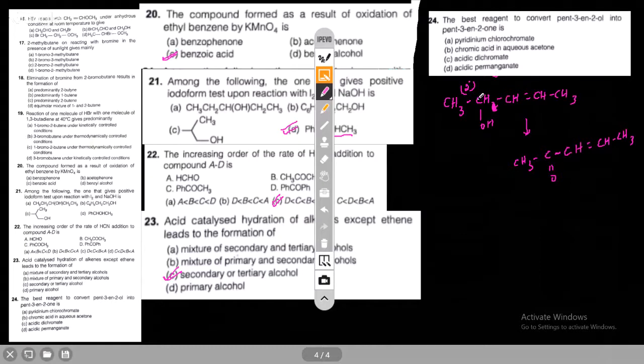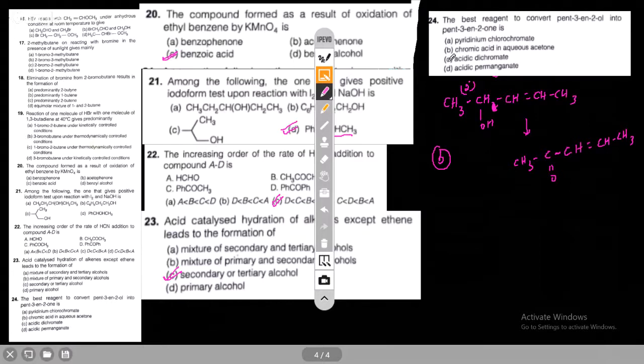I think because of the secondary alcohol, the answer should be B, chromic acid. If it is primary, then we can take any one of these, A or B. Let me check.